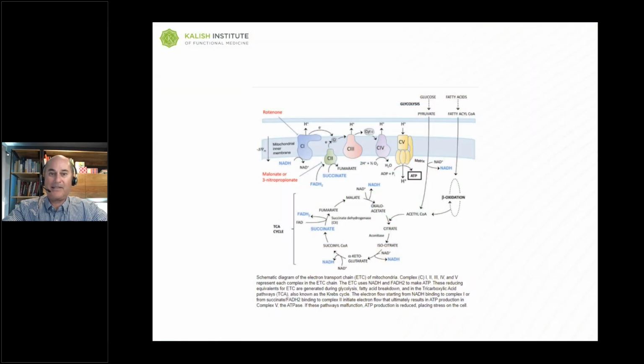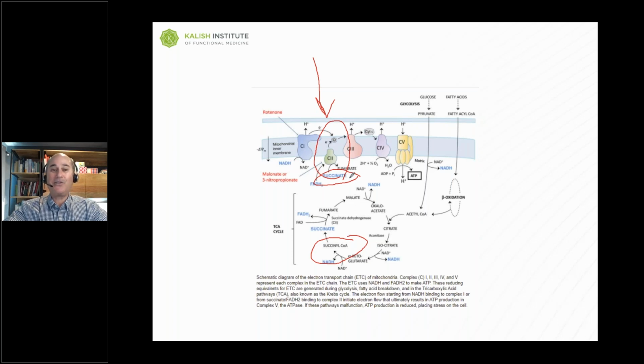But the thing about succinate dehydrogenase is that one enzyme is involved in two things. You see succinate here? It's complex 2 of the electron transport chain. This is the electron transport chain. That's how you make energy. But succinate is also part of the Krebs cycle, or citric acid cycle. It does both.